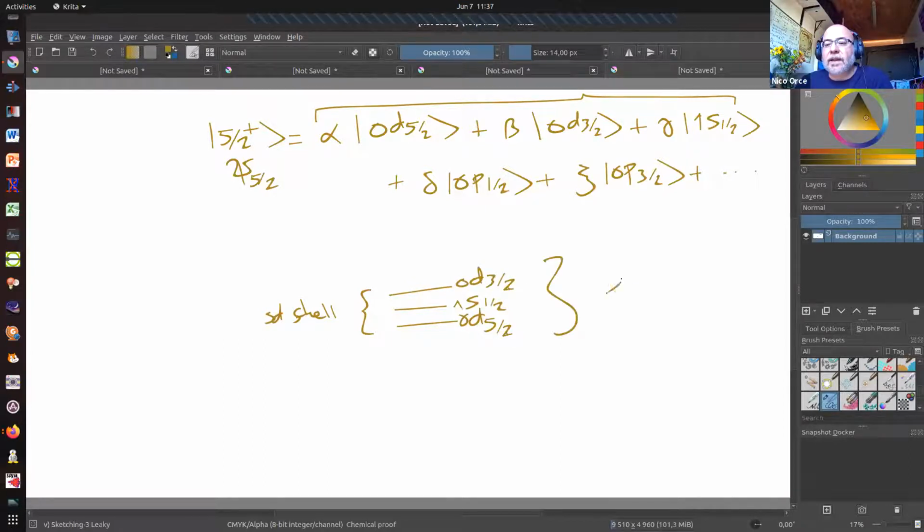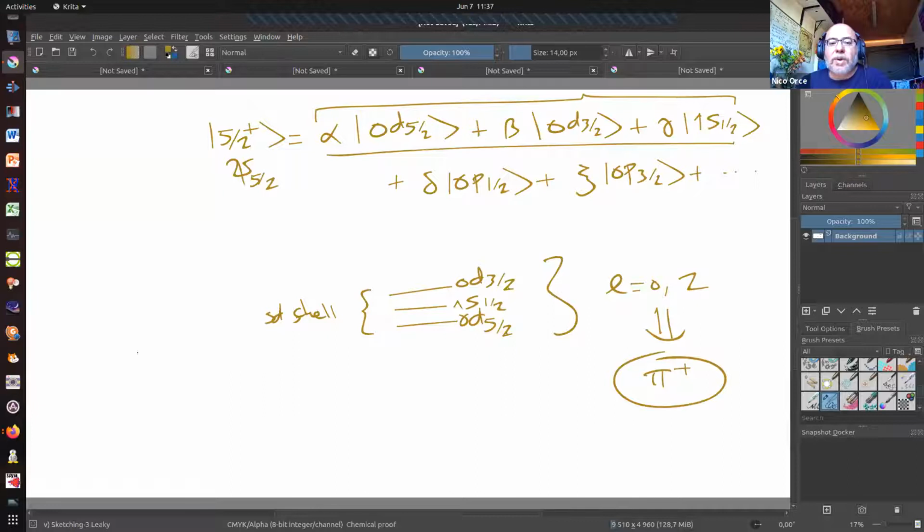These guys are L equals 0 and L equals 2, which will always have positive parity, right? So if we take the 5/2 plus as a linear combination of these 3 guys on top, we won't be able to explain any states with negative parity. To include states with negative parity, we need to go down here to the 0p 3/2 and the 0p 1/2, which is called the p shell.